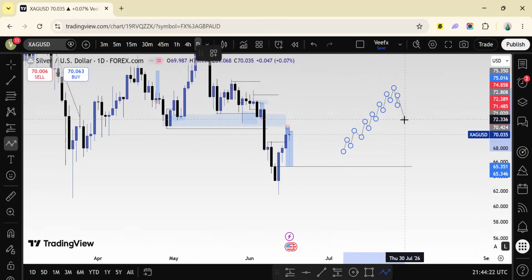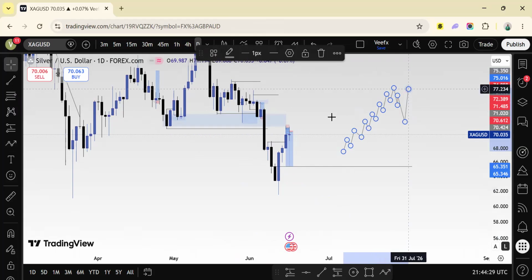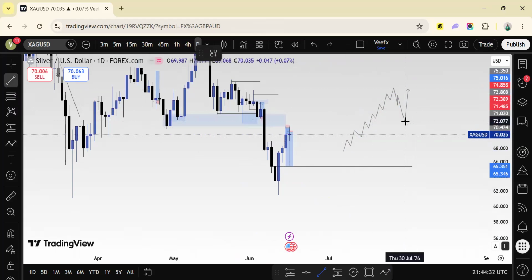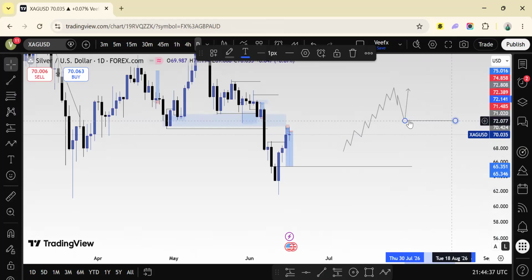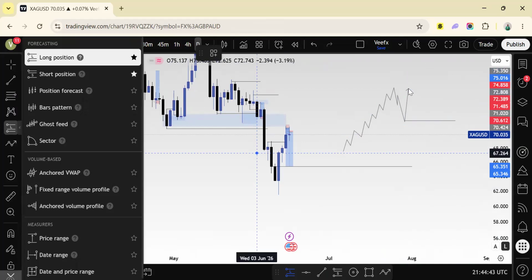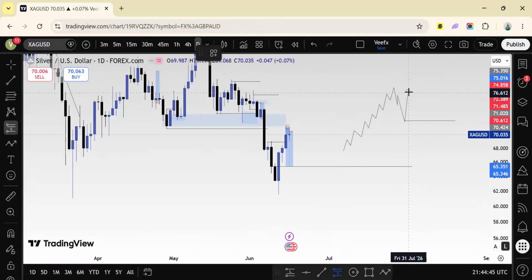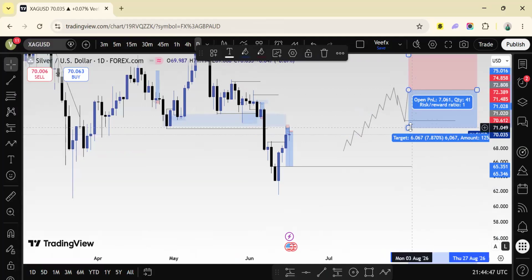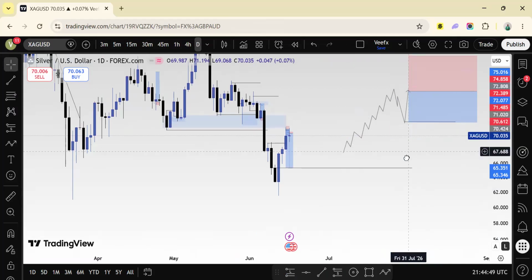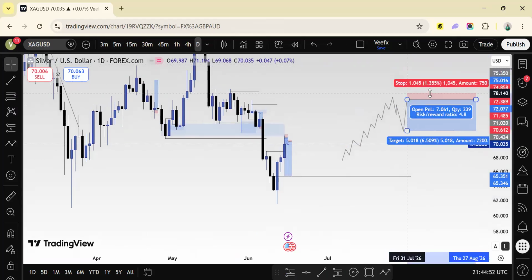If your inducement ended here and then came to tap your POI, your first take profit should be at this level that the inducement had to stop before coming to tap your entry. Do you understand? So if you finally get your confirmation and everything in check, this is where you should be looking to take profits first. This is how I take my profits first.